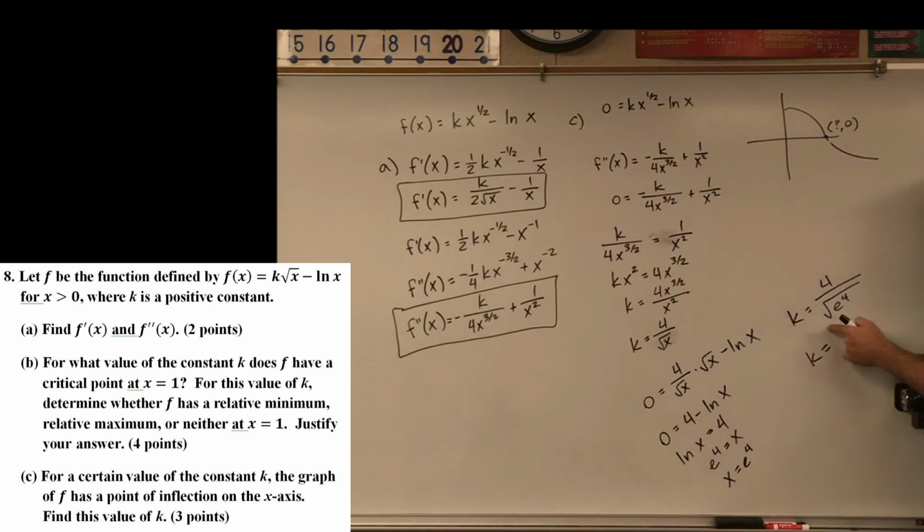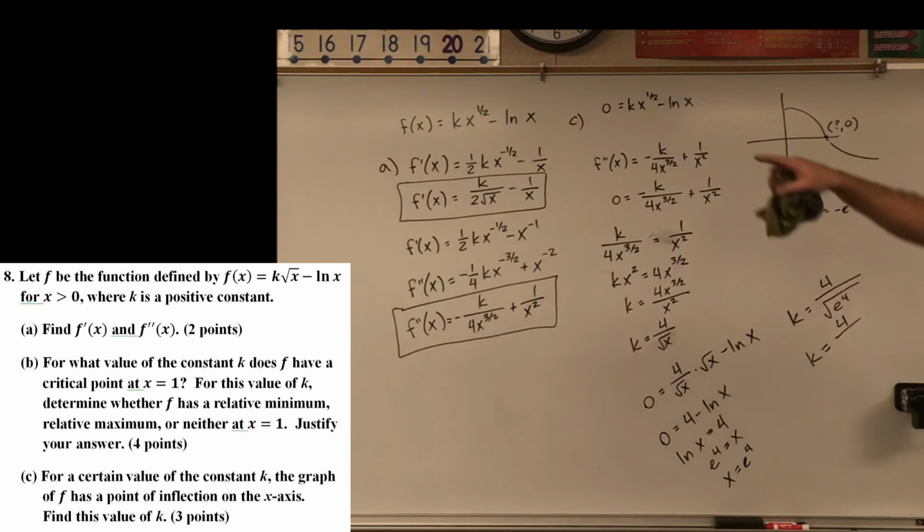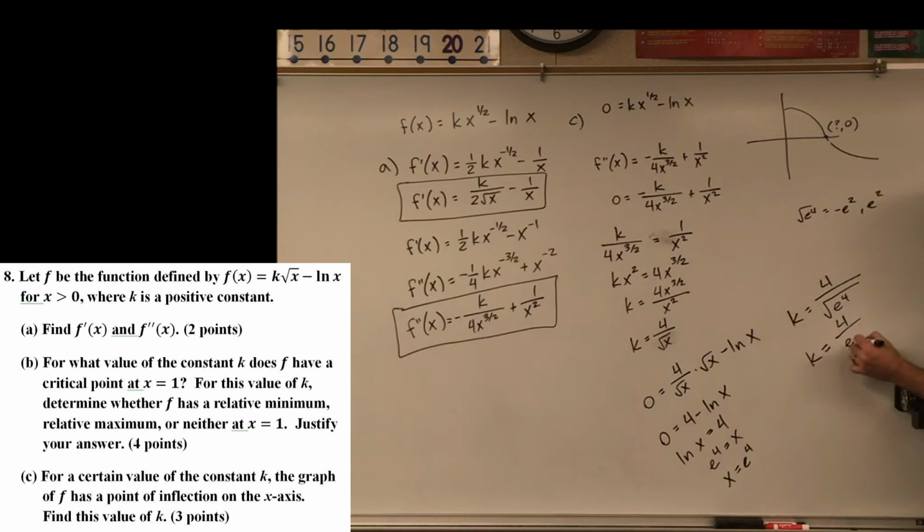Because the square root of e to the 4th could be negative e squared or positive e squared, because when I square it, I'll get that, right? But what did it tell you about k in the original part of the problem? k is a positive constant, so k equals 4 over e squared, I believe that is it.